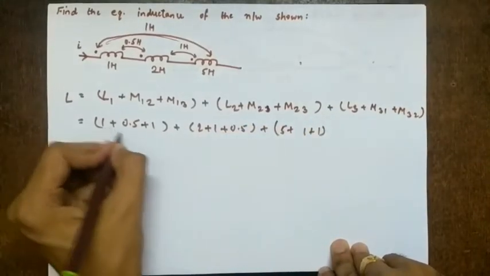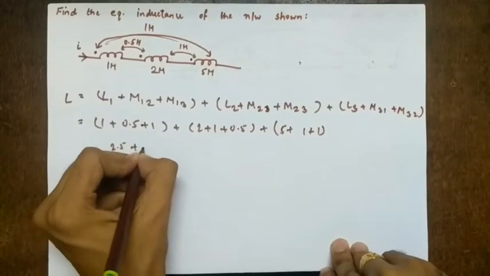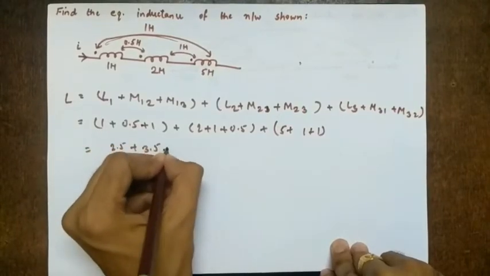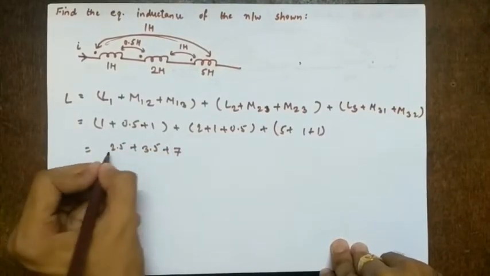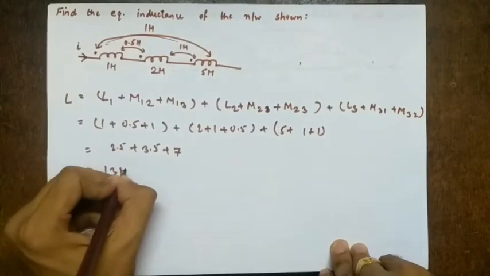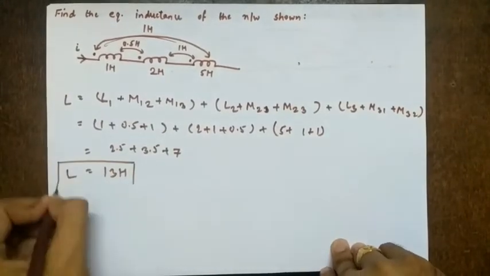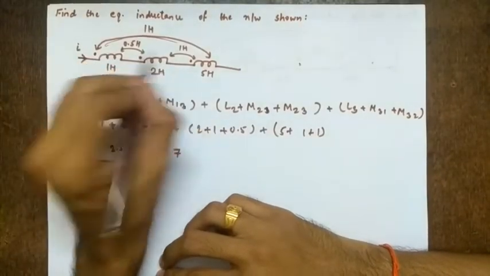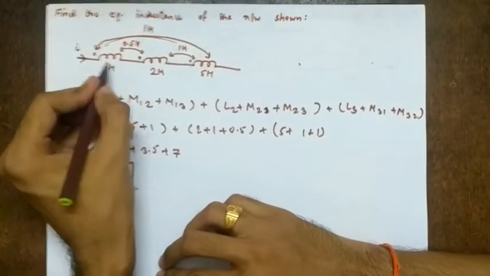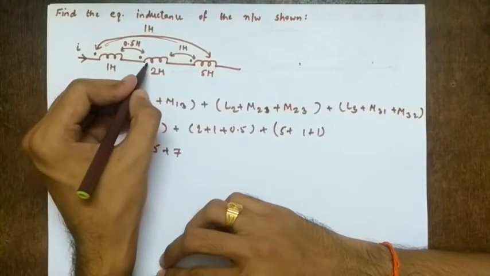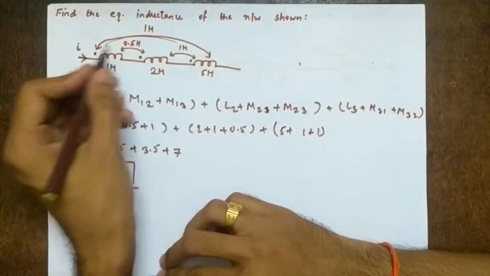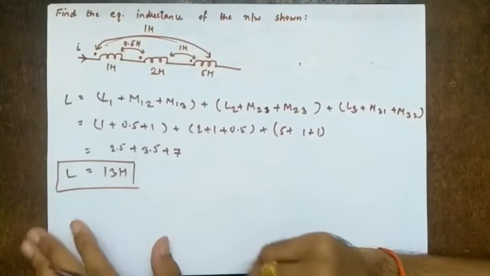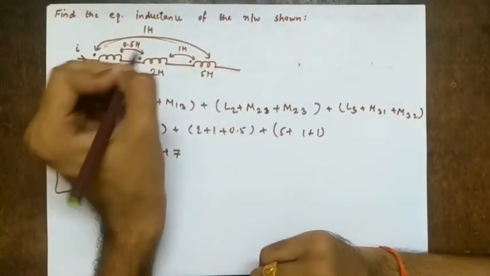So what is it? 2.5 plus 3.5 plus 7, the final answer is 13. So this is a simple numerical. Again, what you have to do? Just check whether it is entering or exiting, and if both are entering, they aid each other, so addition. If they are opposing each other, it will be minus. There was no question of opposing here, so no minus.